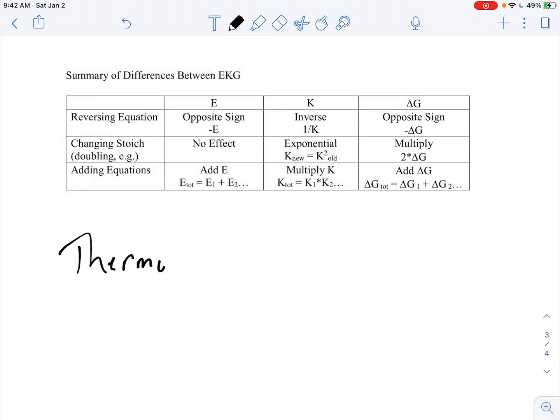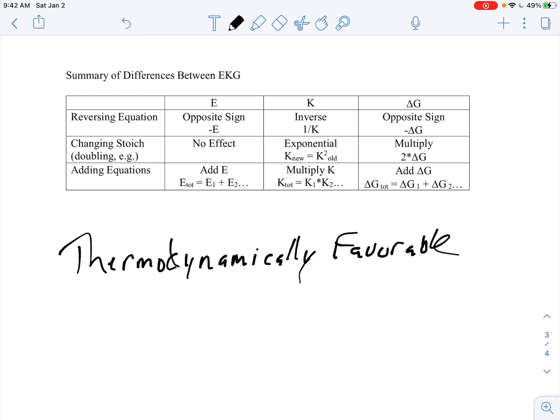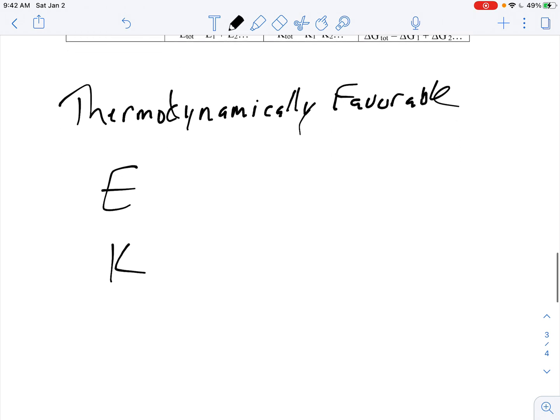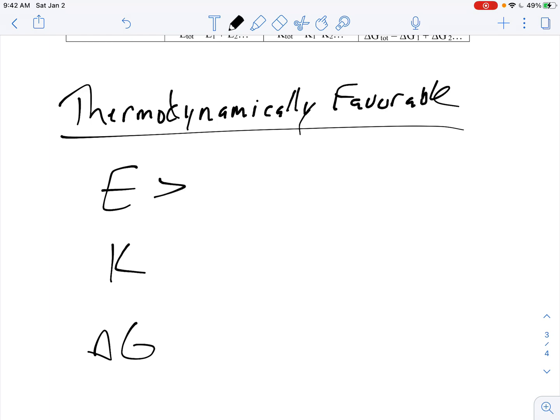But let's go ahead and add in a factor here for factors that are thermodynamically favorable, which is a big old fancy way of saying that the reaction actually goes, right? So what are we looking for for E? What are we looking for for K? And what are we looking at for delta G for the reaction to actually go?